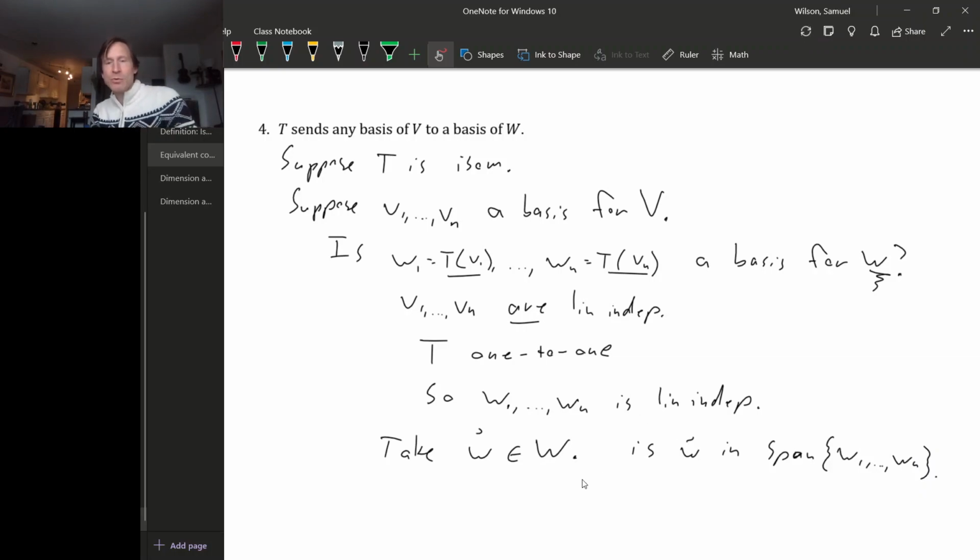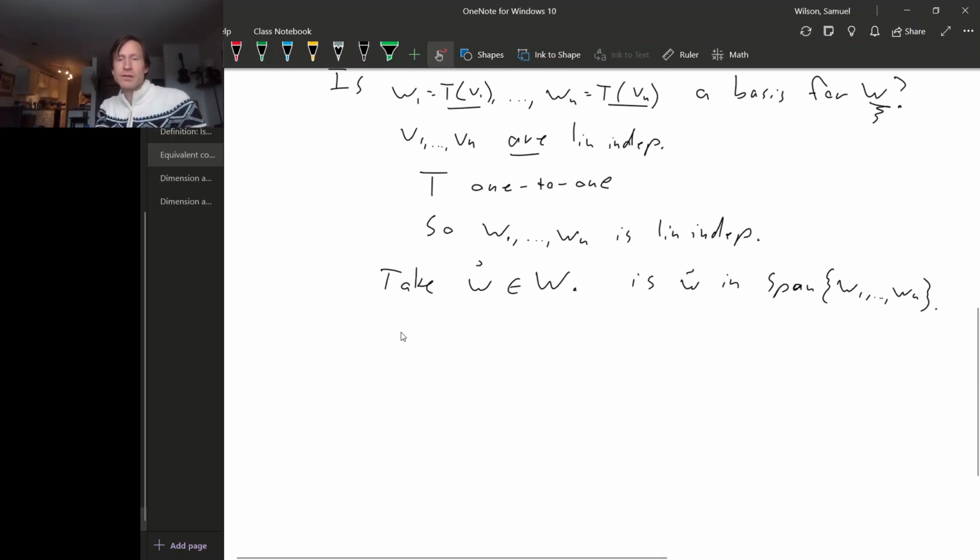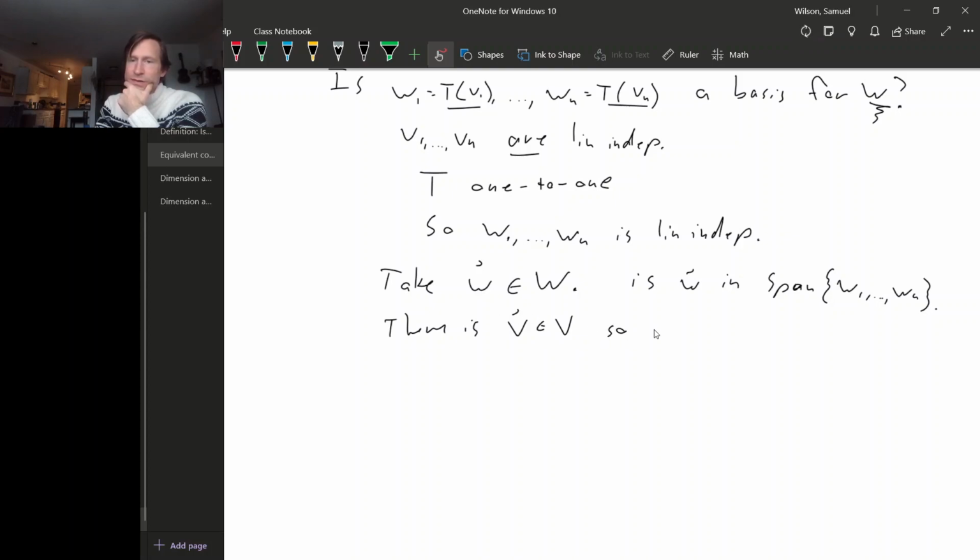Well, T is an isomorphism, so there is some v in capital V so that T of v is w.